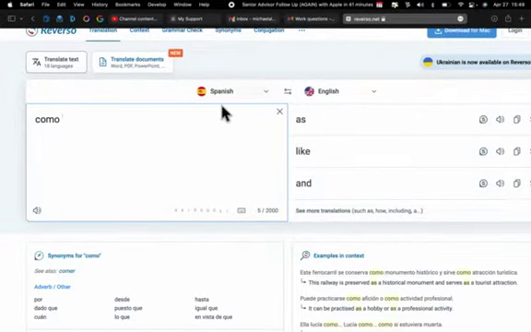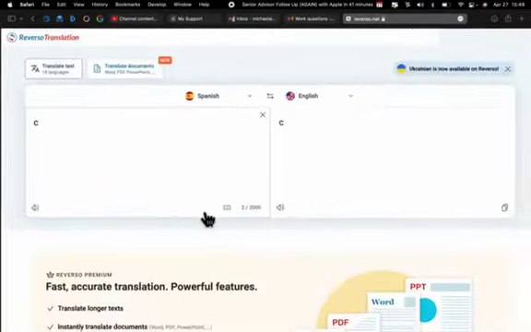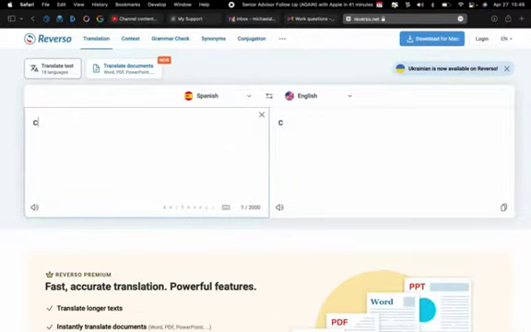Make sure that it's in Spanish, and say you need an accent over the O. So just start with the C, go down here, and you will see an accented O. Click on that, and it should show up.